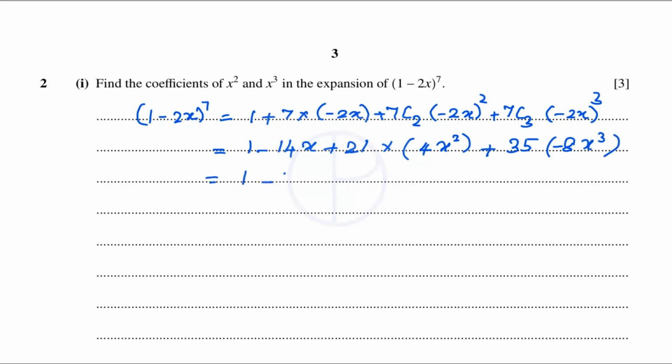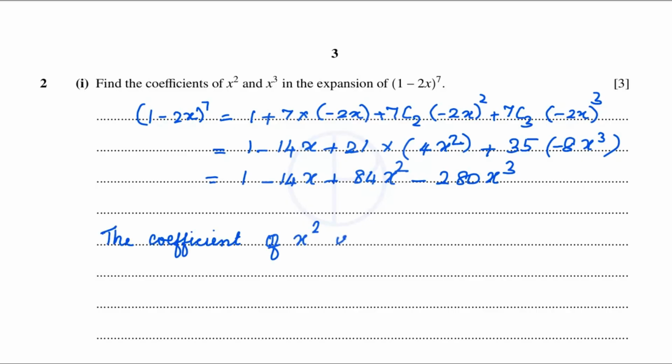So 1 minus 14x plus 84x square minus 35 times 8, which is 280x cube. From this, the coefficient of x square is 84 and the coefficient of x cube is negative 280.